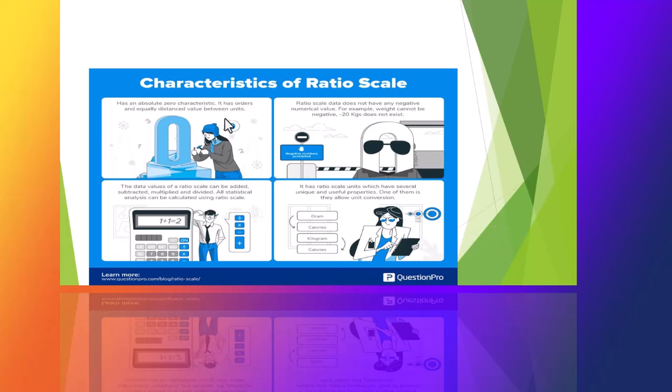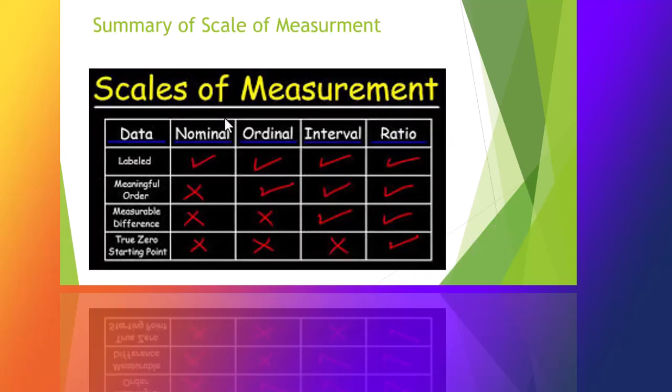The data values on ratio can be added, subtracted, multiplied, divided. All statistical analysis can be calculated using ratio. And finally, it has units, which have several unique uses. One of them is that it allows unit conversion. So you can go from grams to kilograms to calories and all of that.